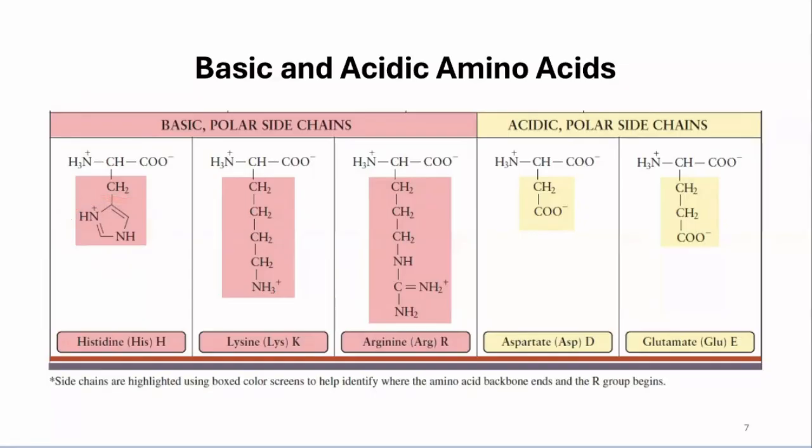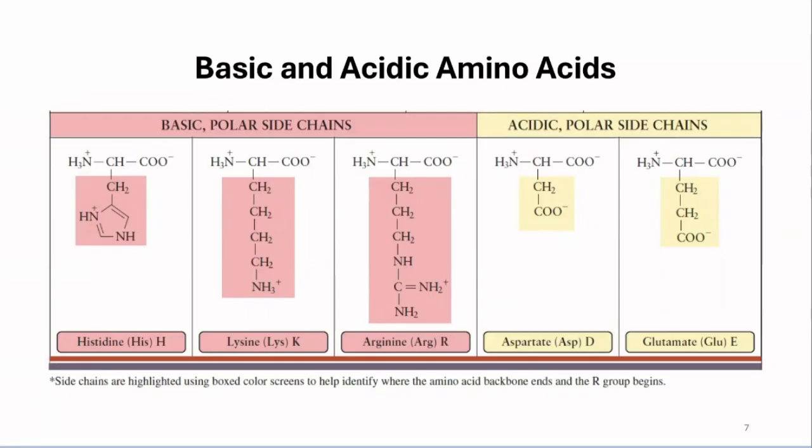Now, in histidine specifically, this nitrogen atom can accept protons, and that's why this is part of the basic polar side chains. In tryptophan, our nitrogen cannot accept protons. That's why tryptophan is not considered a basic amino acid.